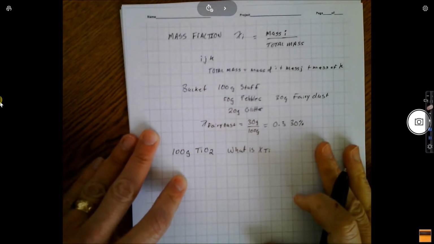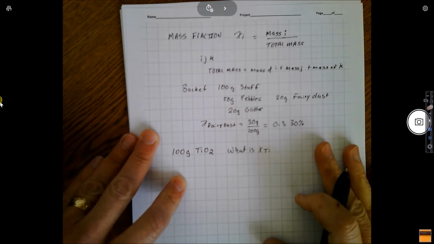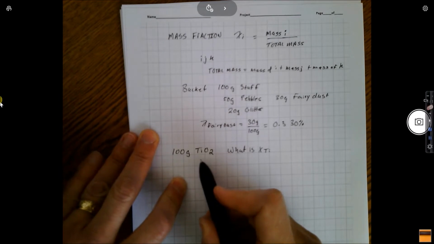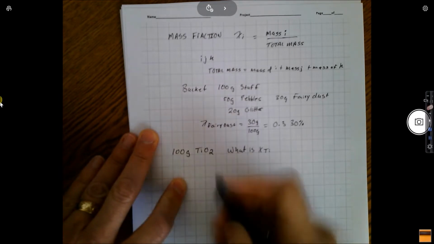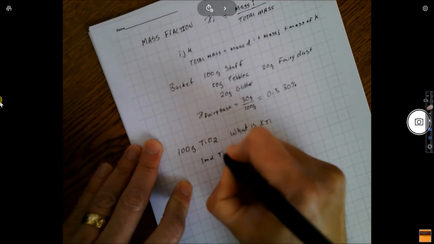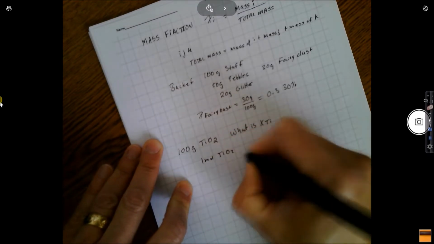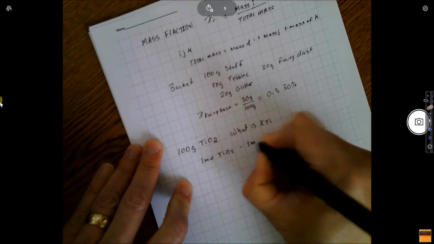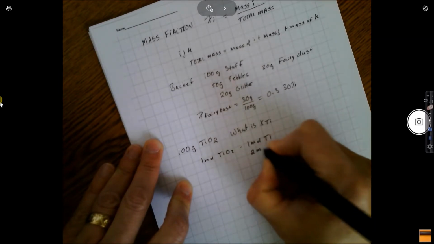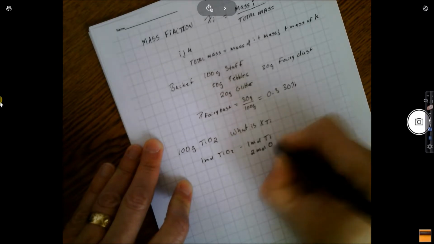Well, we have to do a little bit of chemistry here. If you look at the stoichiometric relationship between titanium and oxygen, in 1 mole of titanium dioxide there is 1 mole of titanium and 2 moles of oxygen.